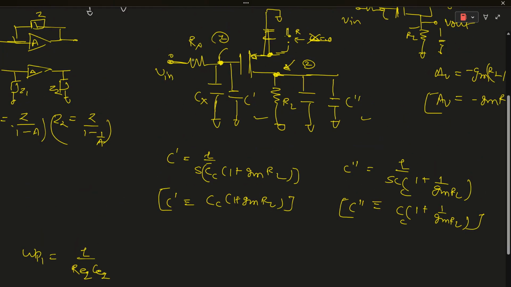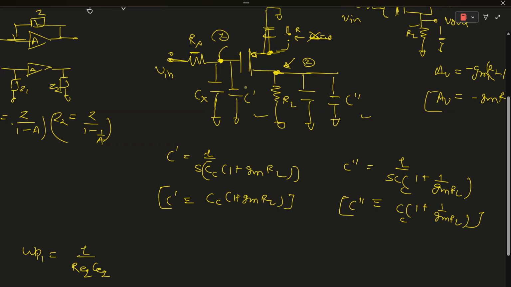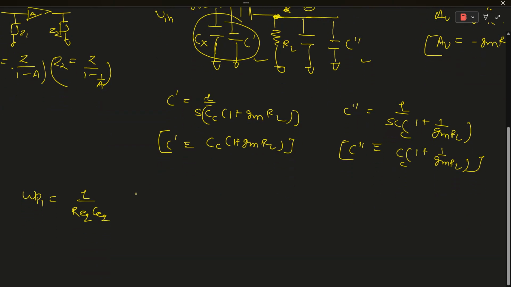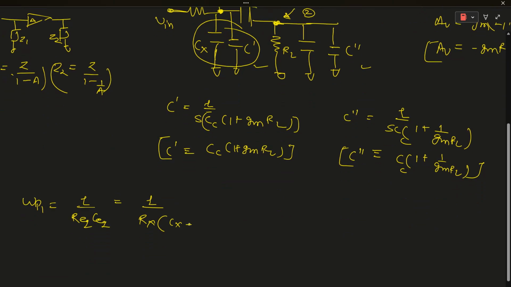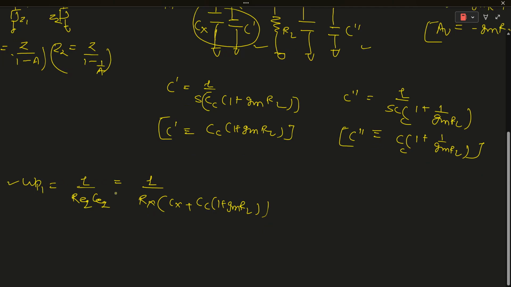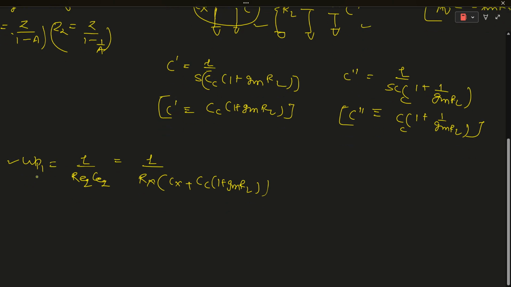R equivalent is Rx, and C equivalent is the combination of these two capacitors, which are in parallel, so Cx plus C dash, where C dash is CC times (1 plus gm RL). This is our left-hand pole frequency, omega p1, the first pole frequency.